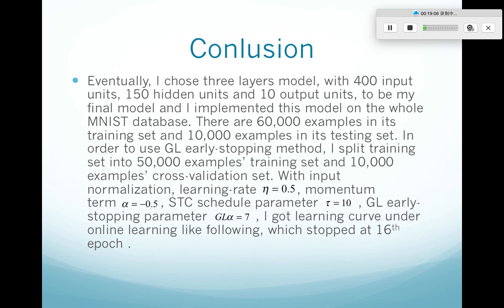So eventually, I chose the 3 layer model with 400 input units, 150 hidden units, and 10 output units to be my final model. And I implemented this model on the whole MNIST database. There are 60,000 examples in the training set and 10,000 examples in the testing set.